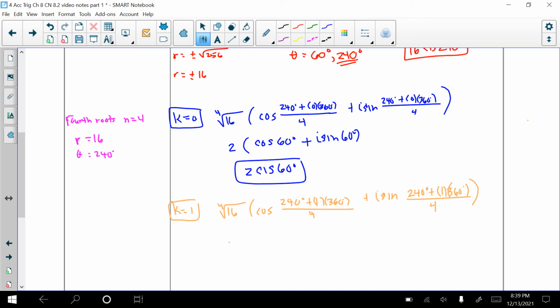Fourth root of 16 is always going to be 2. And then that is times cosine of, we need to take on your calculator, 240 plus 360. That gives you 600. Divide that by 4, and we end up with 150 degrees. Plus I times sine of that's going to result in the same angle, 150 degrees. And shrink that down to the shorthand polar notation, 2 cis 150 degrees.